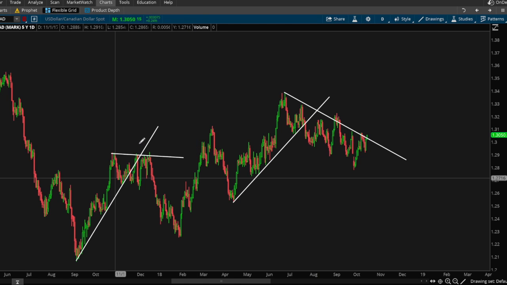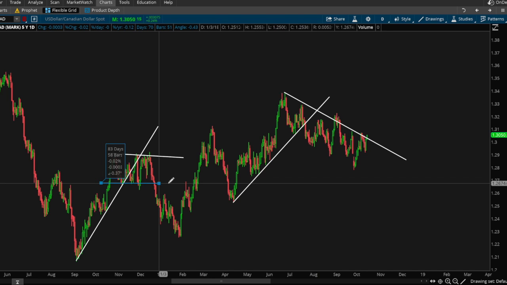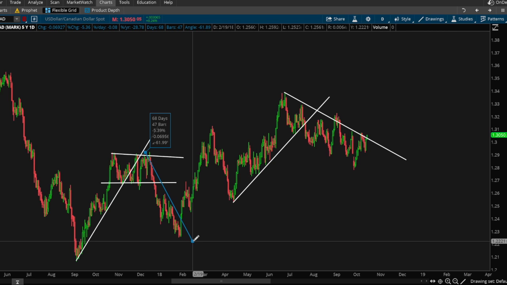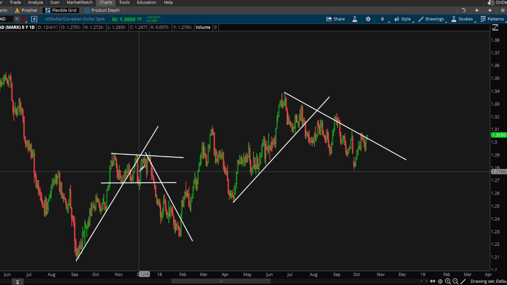So you can see that it went sideways for a good bit, and then it decided to go down. So you're gonna have a lot of those as well, but more often than not, it's gonna go in the opposite direction of that movement, off of that breakout.